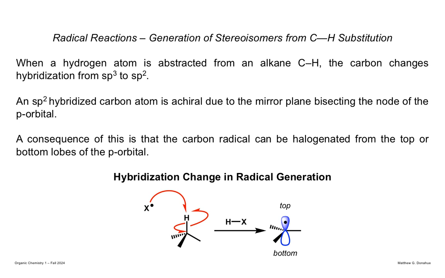So now we'll talk a little bit more about stereochemistry, because the issue, as I said, you're going from sp3 to sp2, so the carbon atom in that radical intermediate is sp2 hybridized, and the radical is in the p orbital.